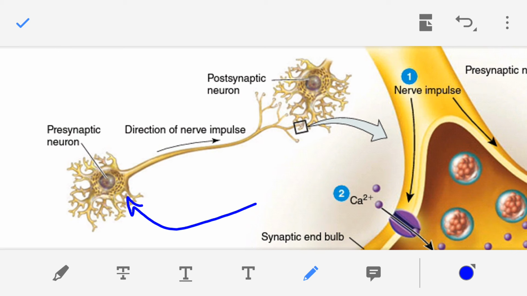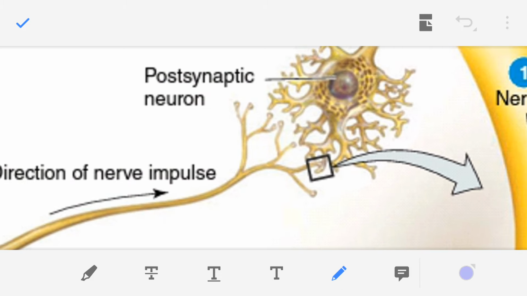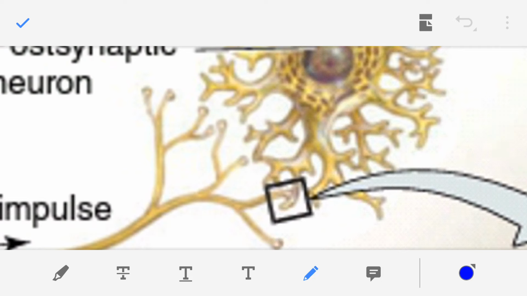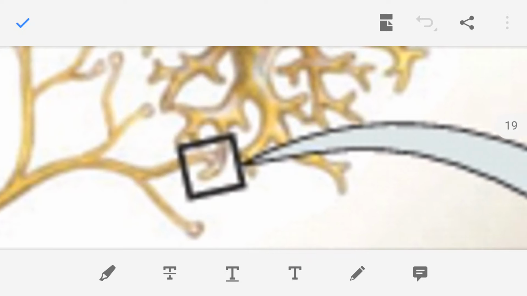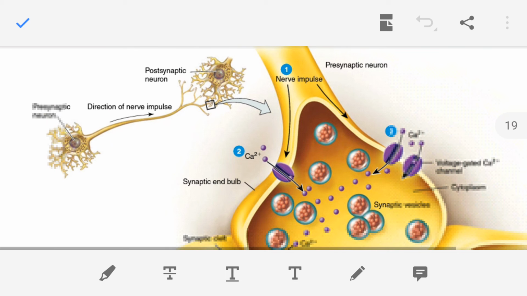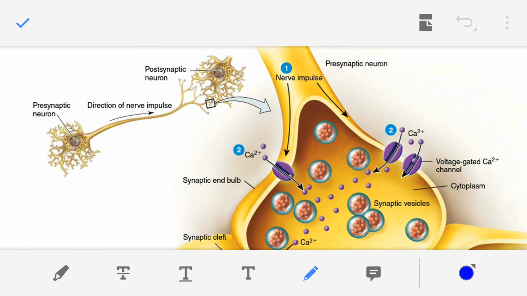This cell is the presynaptic neuron, this cell is the postsynaptic neuron, and these are the axon terminals, and these are the synaptic end bulbs, and these are the dendrites of the postsynaptic neuron. So between this synaptic end bulb and the dendrite there is a chemical synapse. And you see the direction of nerve impulse, from presynaptic neuron to postsynaptic neuron.